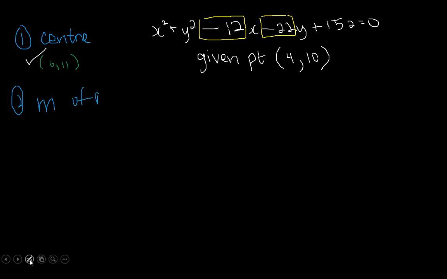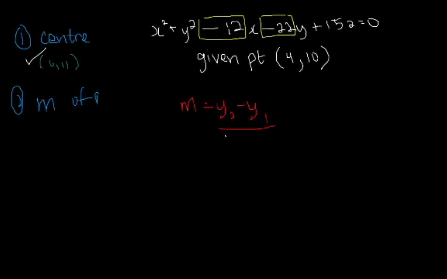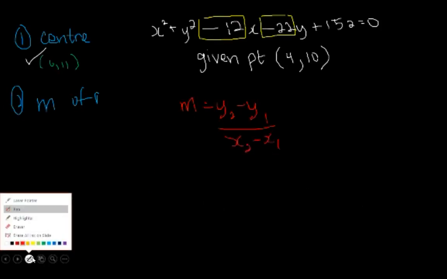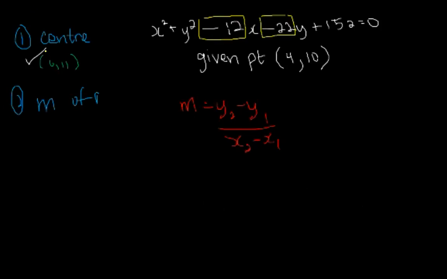R is radius. We know the equation for the gradient is y2 minus y1 over x2 minus x1. I want this to be x2 and y2, and this to be x1 and y1.